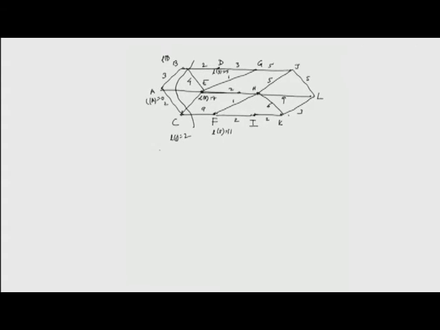So, LD is 5, LE is 7 and LF is 11. Now, among these, of course, I will choose LD.